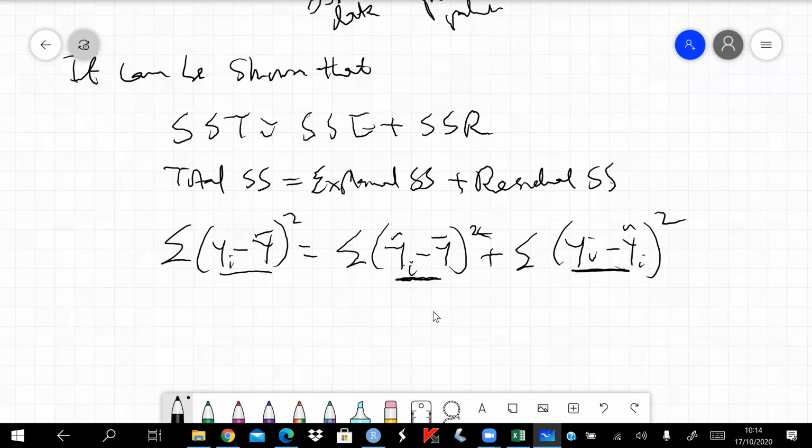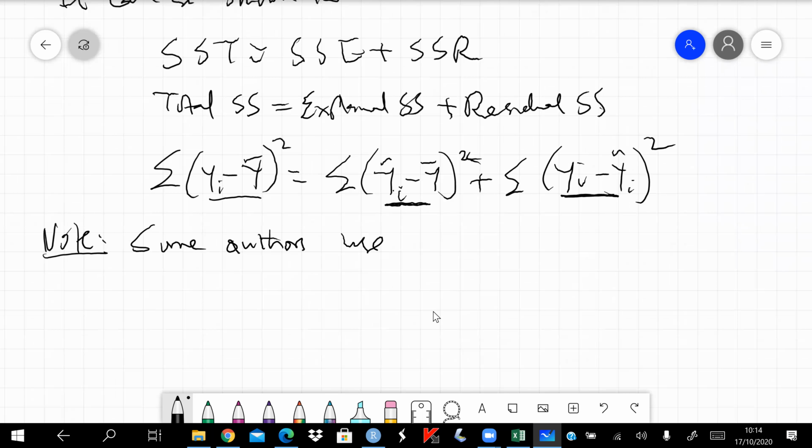Now there's a caution, an alert that I want to raise: some textbooks use SSE to mean the error sum of squares.